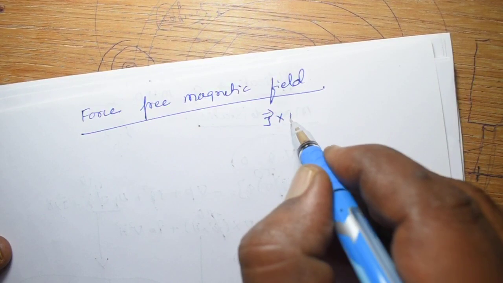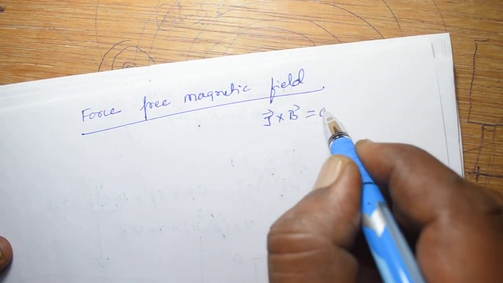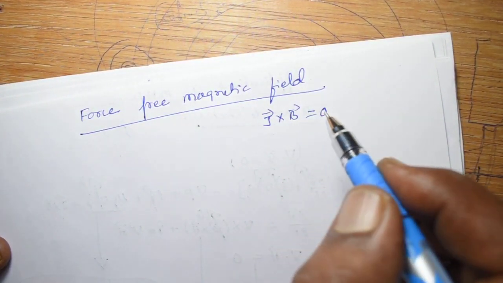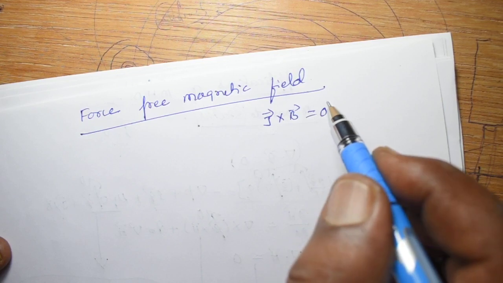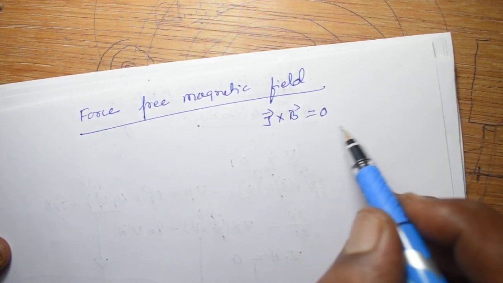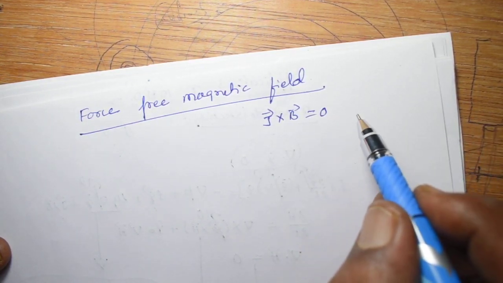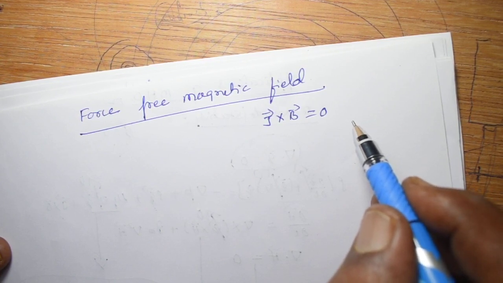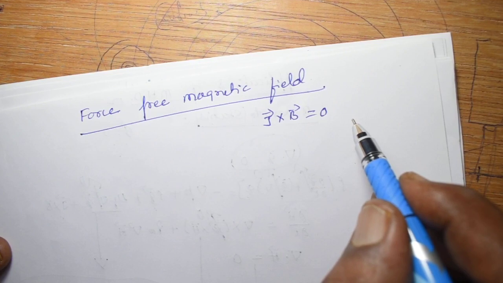Means J cross B must be equal to zero everywhere. That is what we call a force free magnetic field. It is one where the Lorentz force is zero everywhere in the fluid. That is, the magnetic field B is said to be force free.